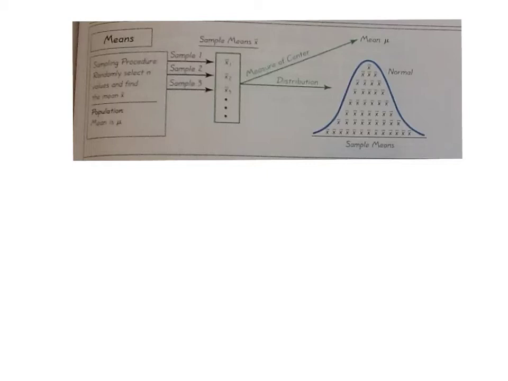So the significant facts for us are that the x bars will all follow a normal distribution if you know the standard deviation of the population, and their center will be mu.